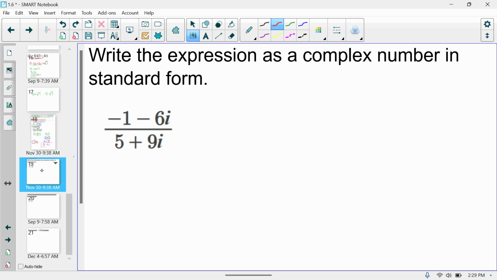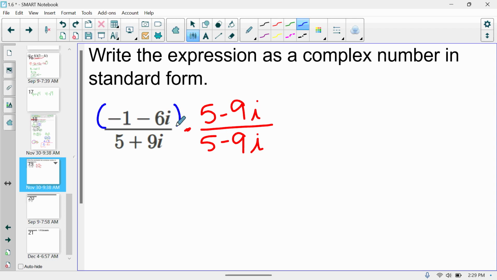So we're going to have here, how do you divide complex numbers? The process is that you multiply by the conjugate. Okay, 5 minus 9i, both to the numerator and denominator. So again, now this is 2 terms times 2 terms. So negative 1 times 5, you're going to have to FOIL, negative 5.